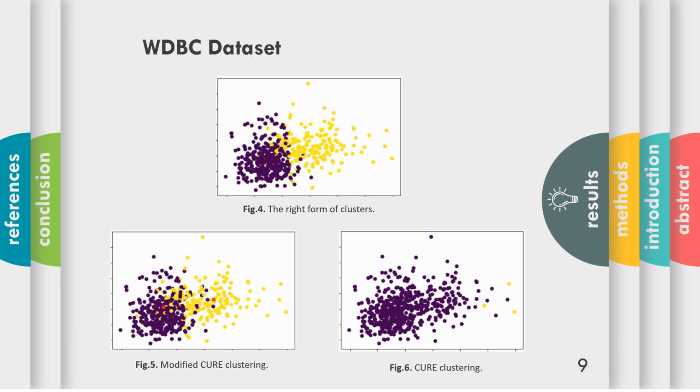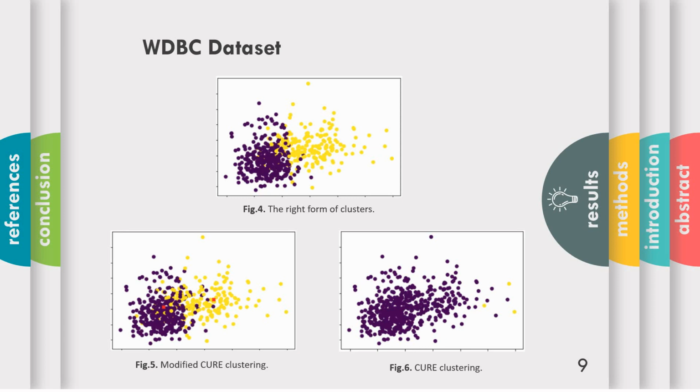Here are some of the outcome results for the WDBC dataset. Figure 4 shows the actual distribution of data and the right form of clustering them. Figure 5 shows the way that the modified CURE algorithm clustered the data points, and it's more similar to the original form of clustering than Figure 6, which shows the way the traditional CURE algorithm clustered the dataset.